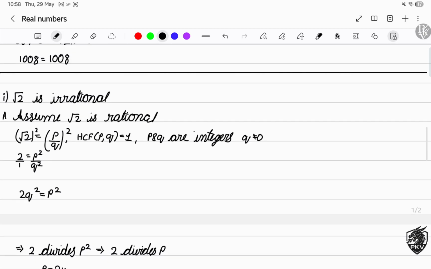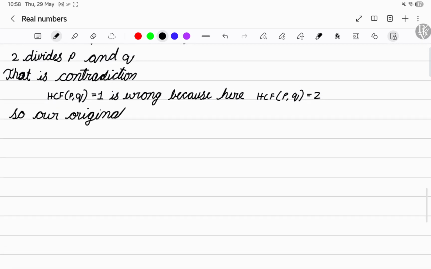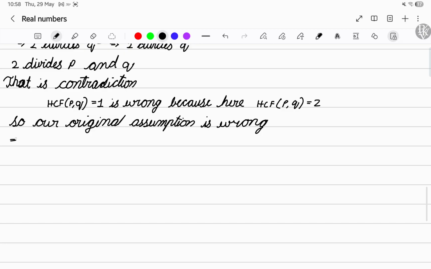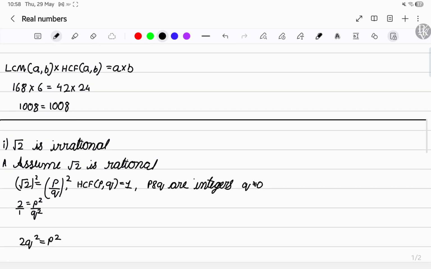Our original assumption was that root 2 is rational. So our original assumption is wrong. That implies that root 2 is irrational. So that's how we prove that root 2 is irrational.